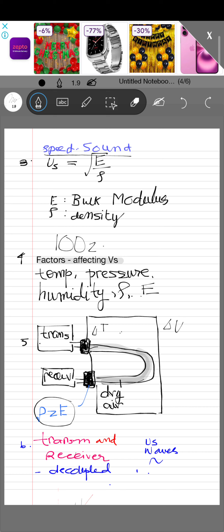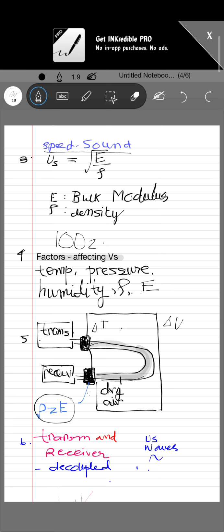There is one more aspect: since both transmission and reception are based upon the piezoelectric effect, the system is made in such a way that these two piezoelectric devices are decoupled. By decoupling, we mean that one is not associated with the other and will not get affected by the other.